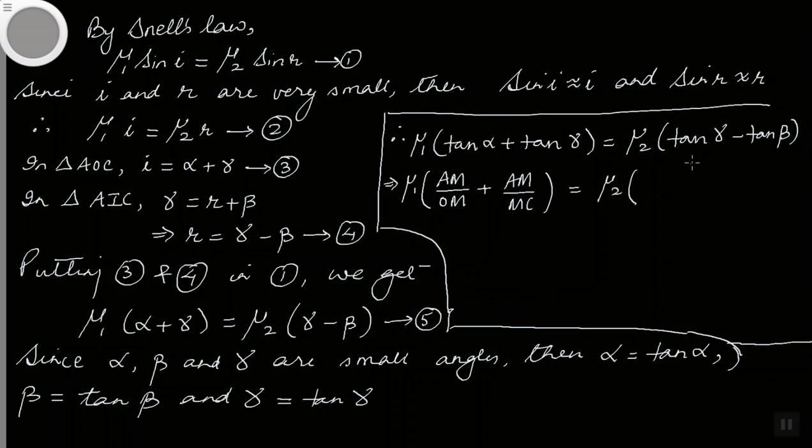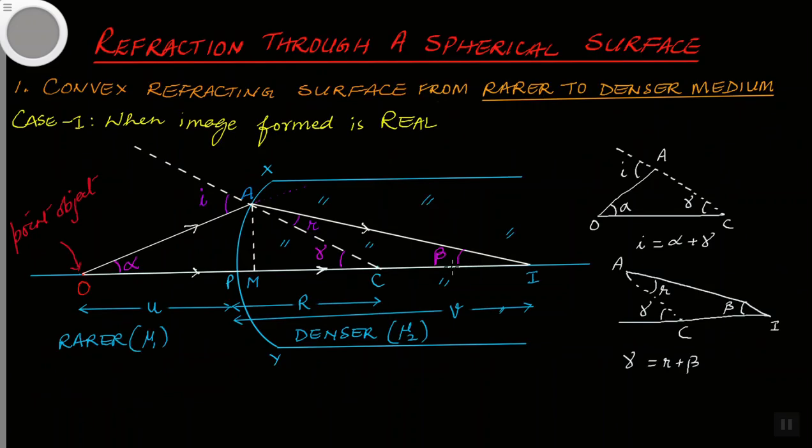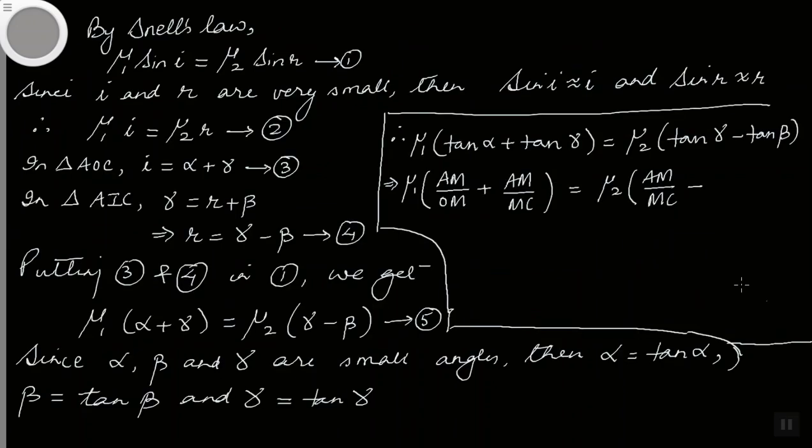Mu2 times tan gamma, again this is AM by MC, minus tan beta. Tan beta, beta is this angle, so tan of this angle will be AM by MI. Okay, so do you agree or not?